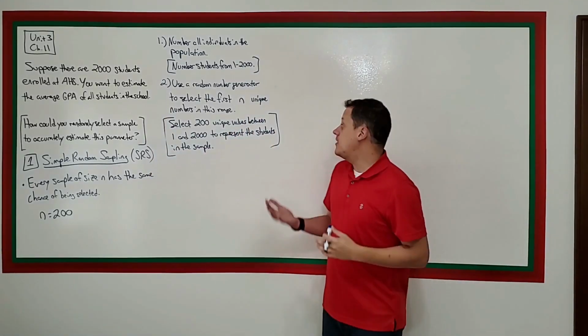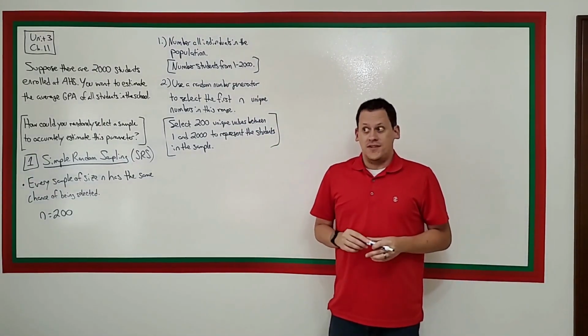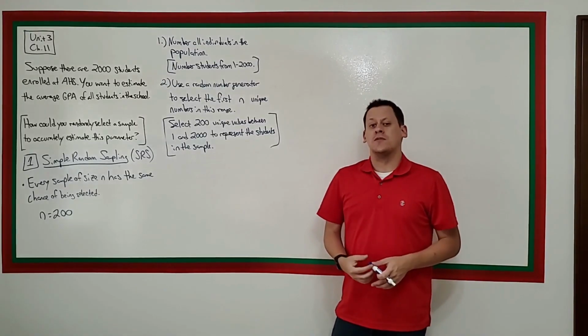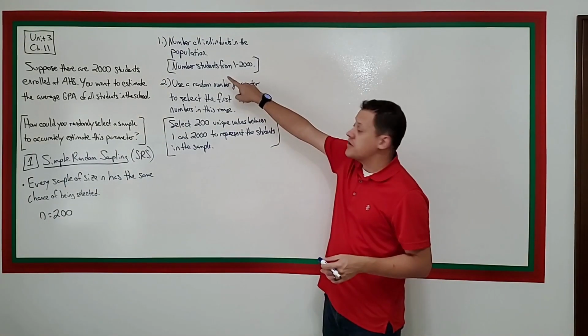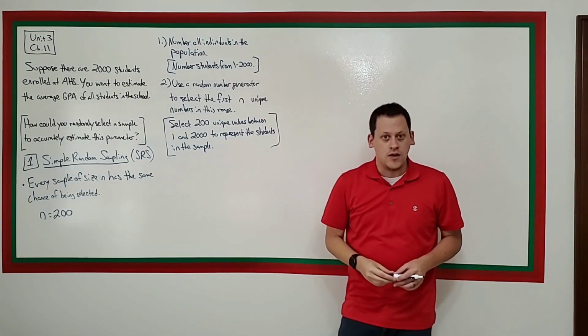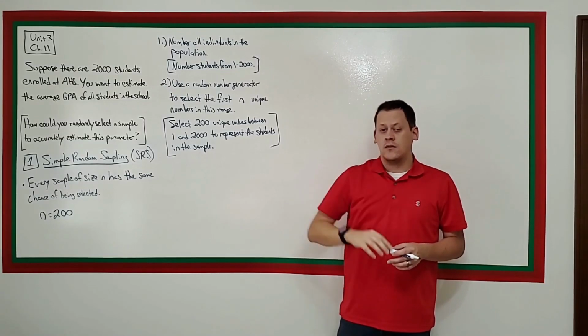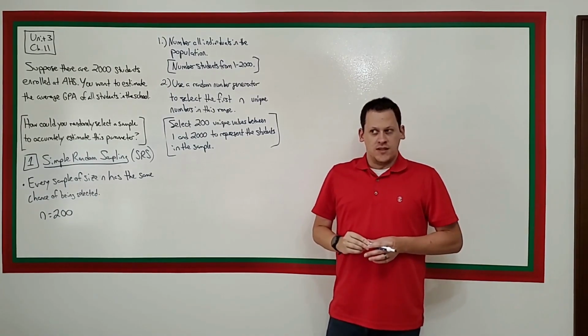The reason that we need unique numbers in the range: if we sample the same number multiple times, then remember, each number represents a student. So if we sample the number 493 twice, then we'll be sampling the same student twice. Is that what we want?